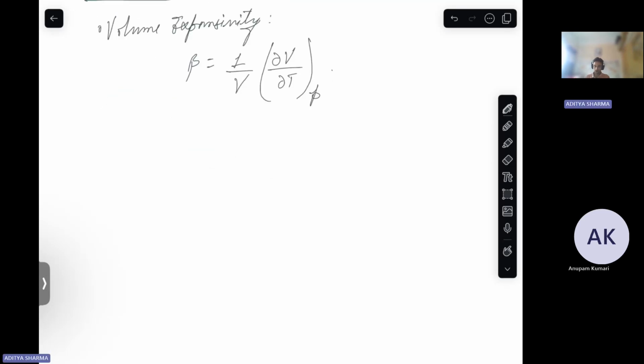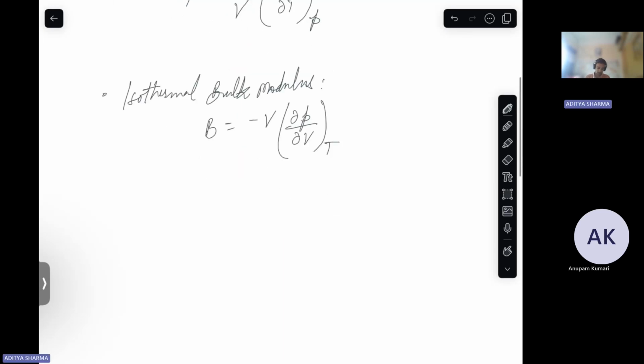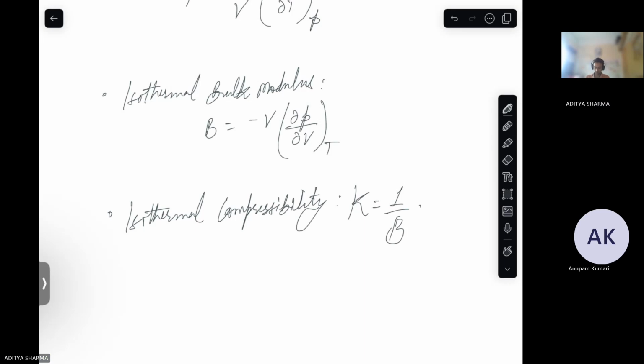In this hydrostatic system, we also saw the isothermal bulk modulus, and the isothermal compressibility is just the reciprocal of it.